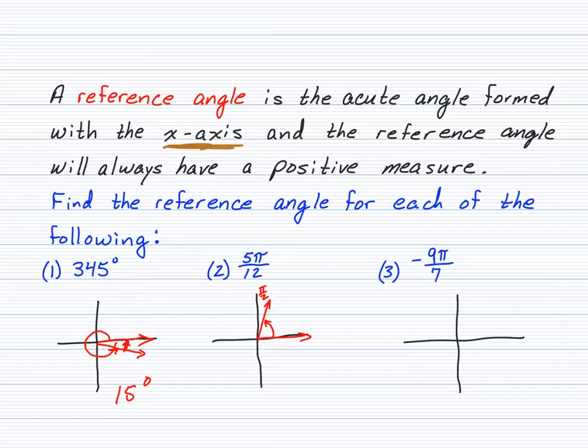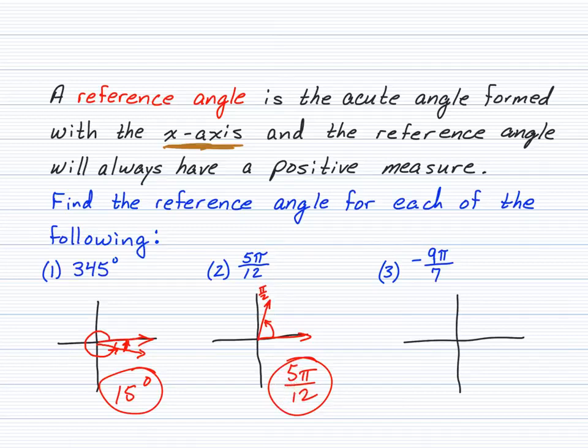So 5 pi over 12 is its own reference angle. Now, pretty much anytime you are given a measurement in degrees, you're going to answer in degrees. If you are given a measurement in radians, you are going to answer in radians.